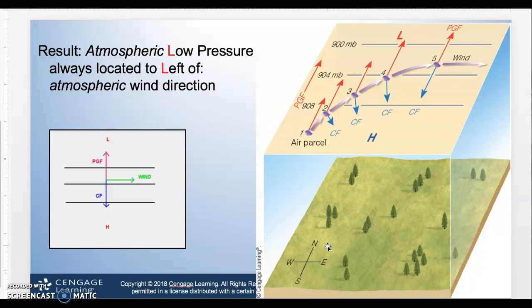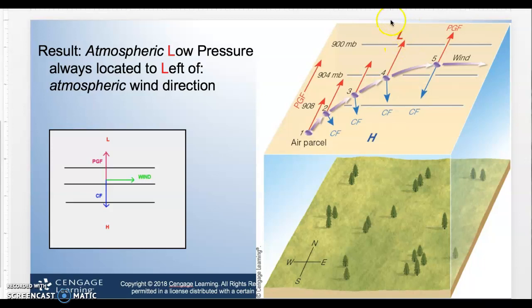One other point. When you have atmospheric low pressure as the side of the pressure gradient force that you're moving toward, and you have atmospheric winds that are running parallel to your contour lines, it turns out that your low pressure system in the atmosphere is always going to be on the left.